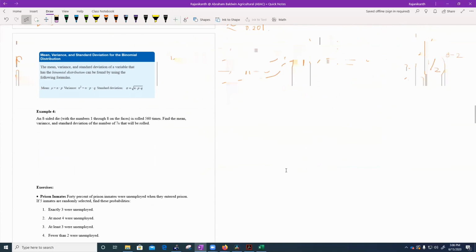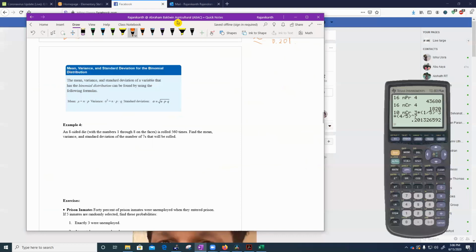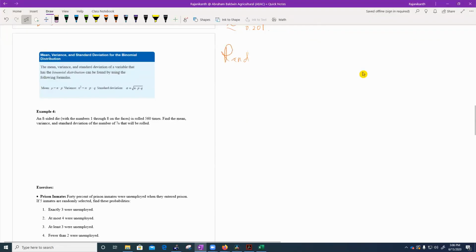Okay. Now we are going to look at how to find the mean, the variance, and the standard deviation for the binomial distribution. Remember my random variable here is x. What does x mean?